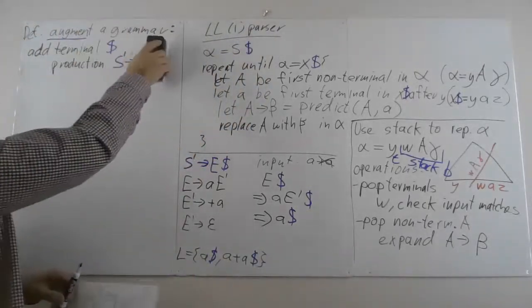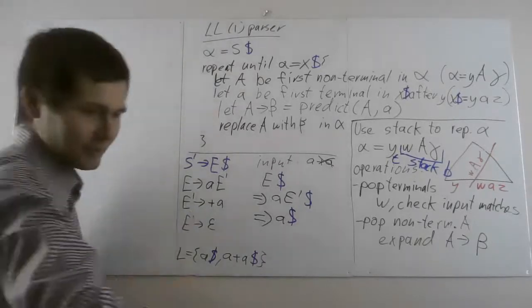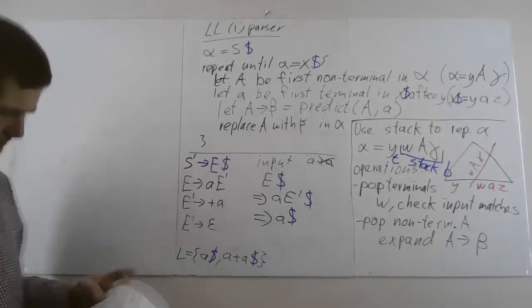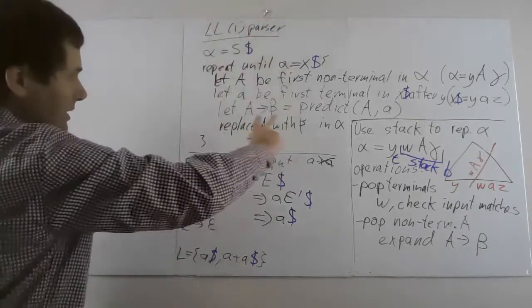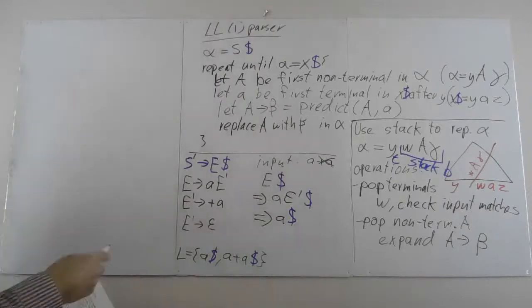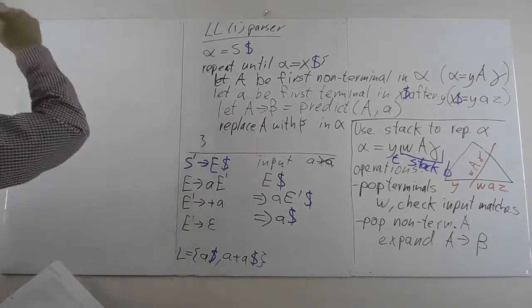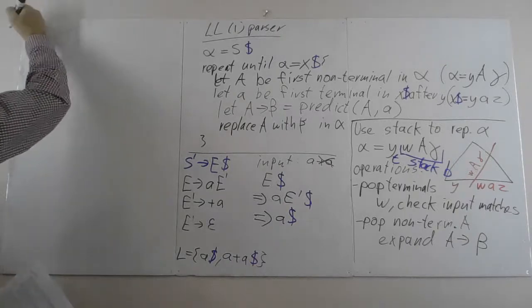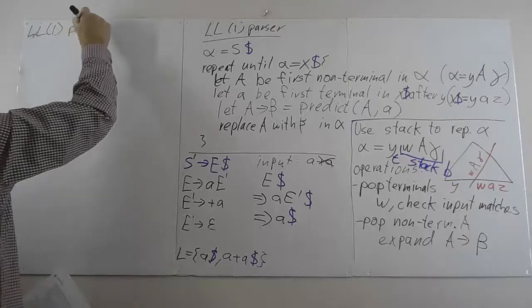So I'm going to erase this augmenting so I have room for the algorithm. Basically I'm translating this algorithm with that stack data structure. So this is going to be my final LL1 parser.